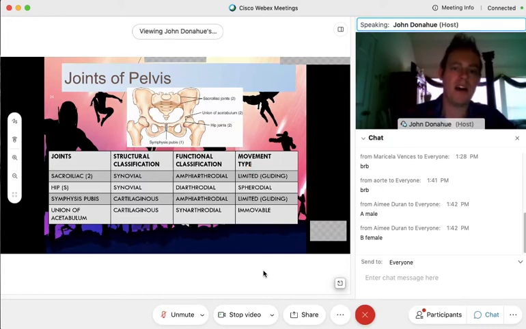Now, the hip joints themselves. The hip joint is referring to the area where the head of the femur is connecting to the acetabulum. The hip joint is going to be a synovial joint. Its function is diarthrodial, and it's a spheroidal movement type, also known as ball and socket, much like the head of the humerus fitting into the glenoid fossa.